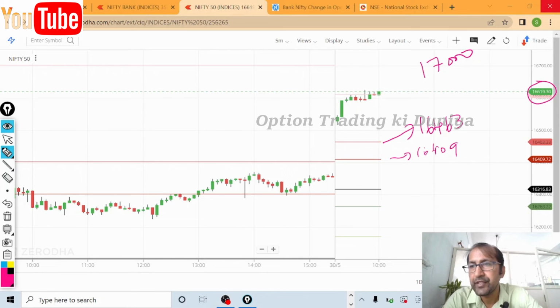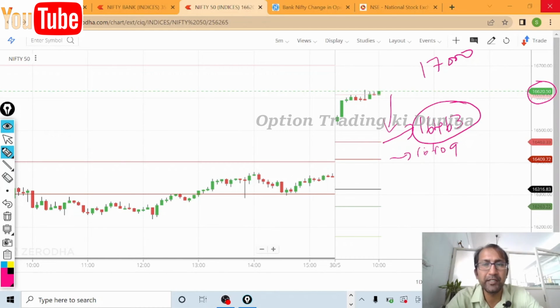But if you see the market continuously trading below 16,600, you can sell Nifty for a target of 16,463. But only if it is trading continuously below 16,600.